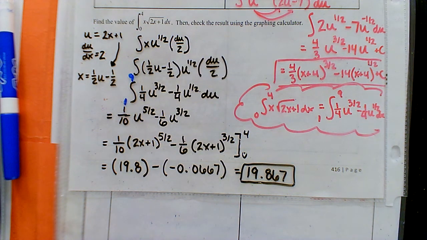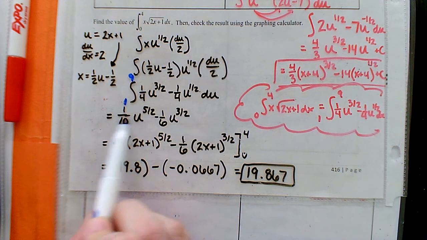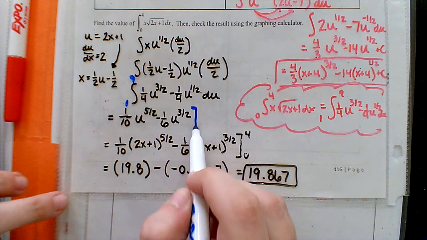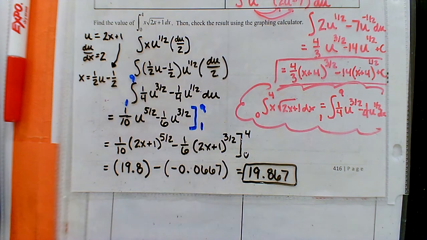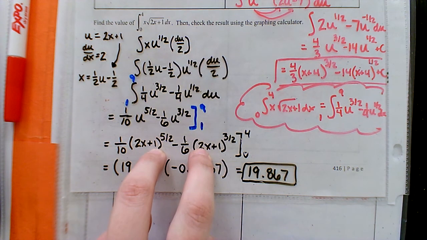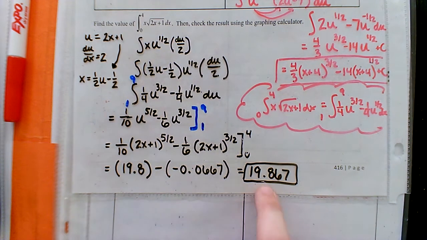If you're changing the variables, you're changing the bounds that they represent. Now if you wanted to, at this point right here, after we found that antiderivative, we could have thrown in that bracket and done 1 to 9. Isn't that the same thing as throwing in the bracket from 0 to 4 after we plug the x's back in? If you wanted to plug in 9 minus plug in 1, you should get the same value.